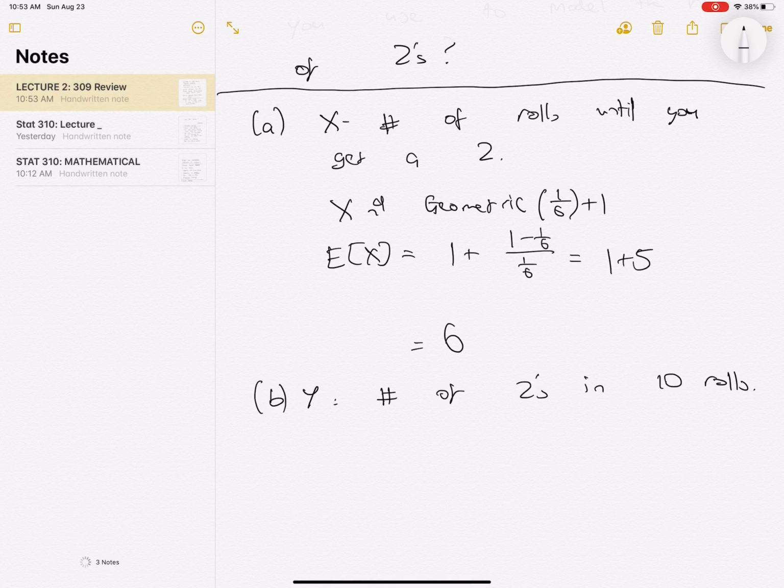So what distribution do you think might model this? Here we have some number of trials, 10, and that should already give you a clue that this is going to be a binomial. And indeed, it's going to be binomial. You have to specify the 2 parameters of the binomial here: 10, which is the number of trials, and 1/6, which is the probability of getting a 2. So that's just an example to give you a scenario where you might expect to see these Bernoulli trials.